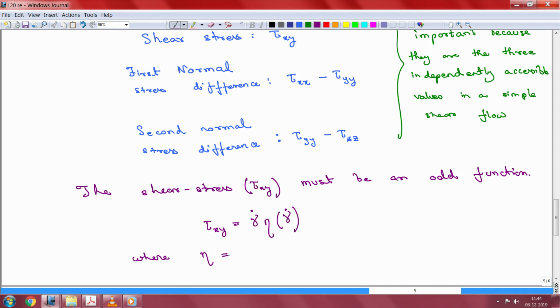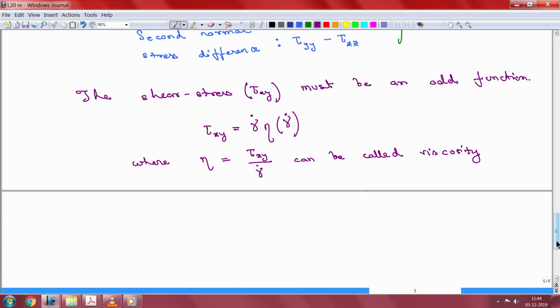So, eta is basically a function given by this, and this can be called viscosity. And now, this is an even function, right, because tau xy is an odd function and you have gamma dot. So, if both the signs reverse, the sign of eta will remain the same. So, this is an even function.